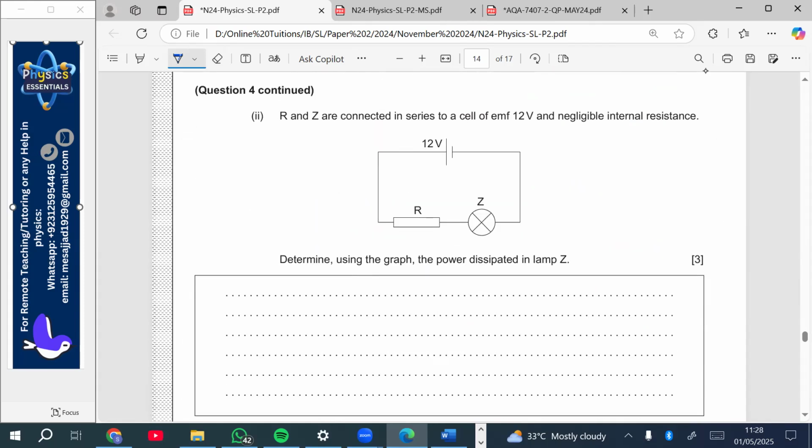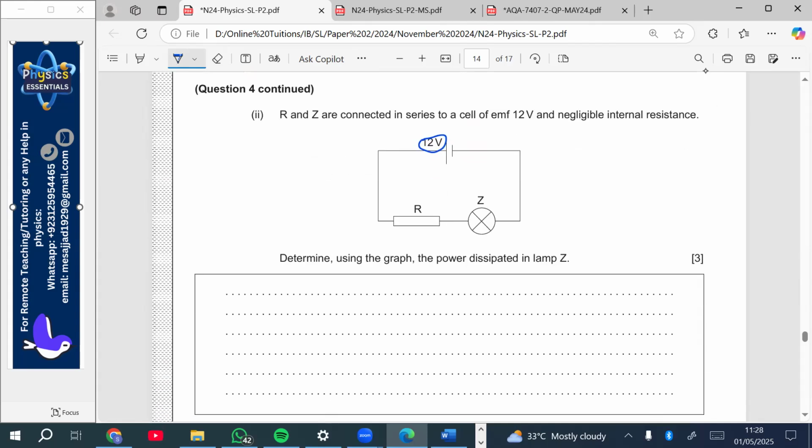R and Z are connected in series to a cell of EMF 12 volts and negligible internal resistance. Determine using the graph the power dissipated in lamp Z. It is a good question, and you need to be a little bit careful. If the 12 volts is coming from the top, it means this voltage and this voltage should be equal to 12, right?